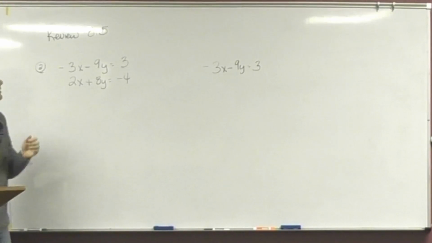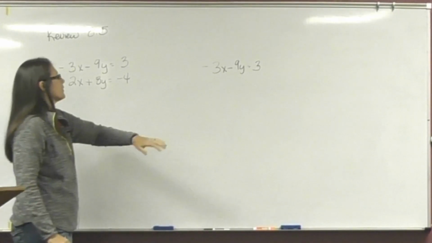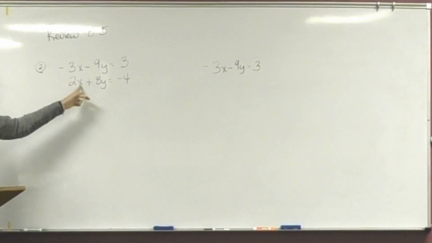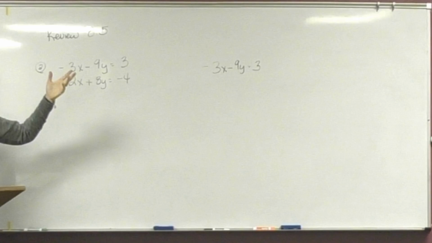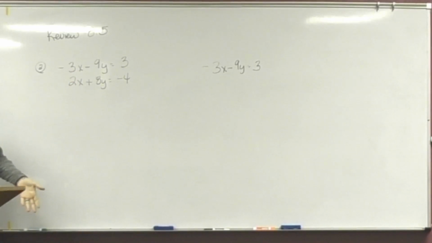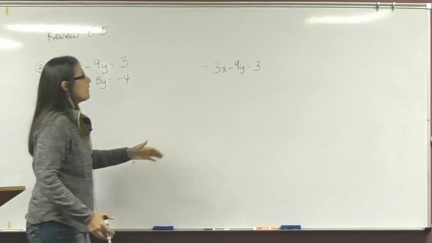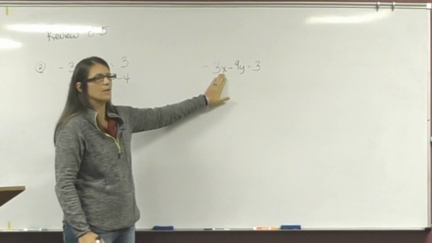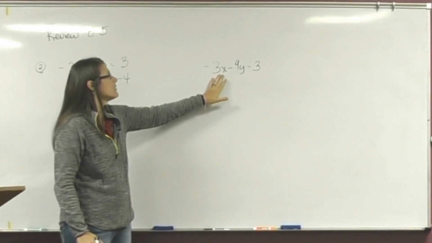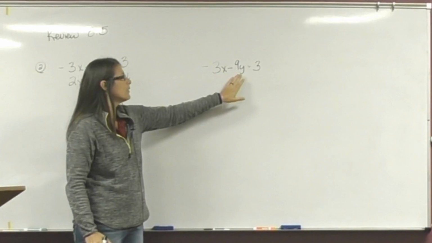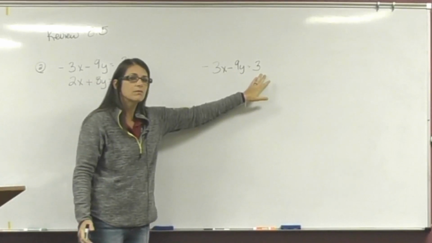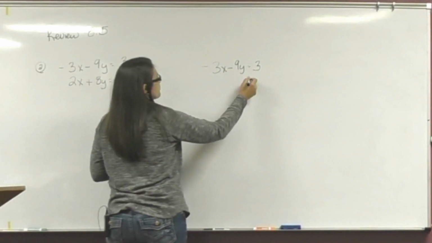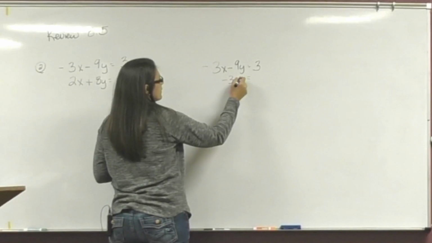You could have gone for this guy and gotten this x by itself, and we'll end up in the same place. But let's just work on getting this x by itself. I would probably take this over first and transpose this, and then get rid of my coefficient.